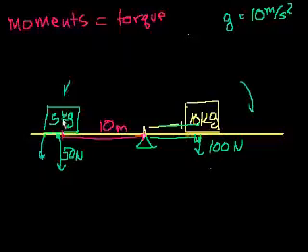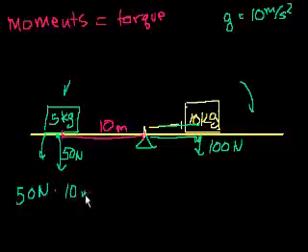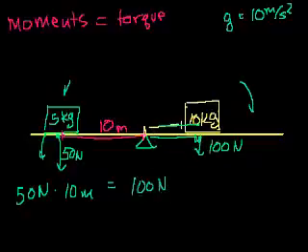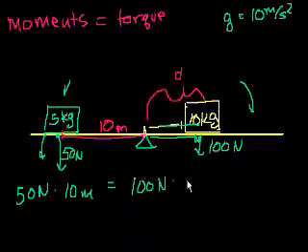So we could do it a couple of ways. We could say that the moment in the counterclockwise direction, 50 newtons times 10 meters, in order for this thing to not rotate, has to be equal to the moment in the clockwise direction. And the moment in the clockwise direction is equal to 100 newtons times some distance, let's call that d, 100 newtons times d.